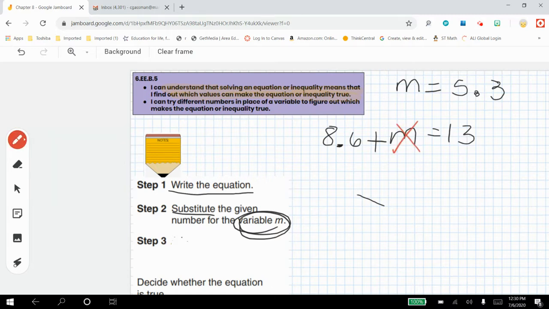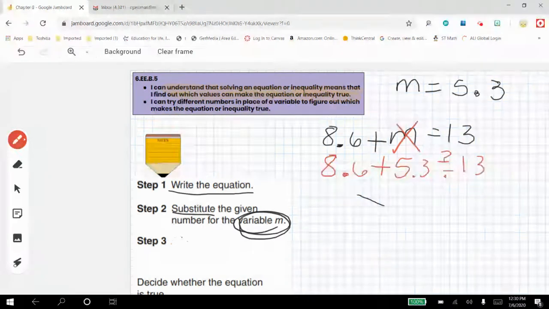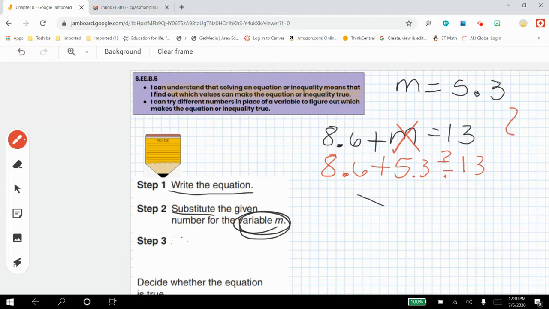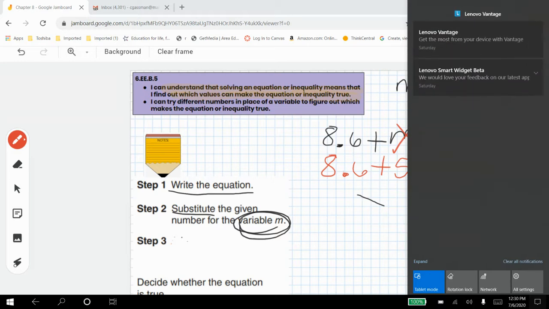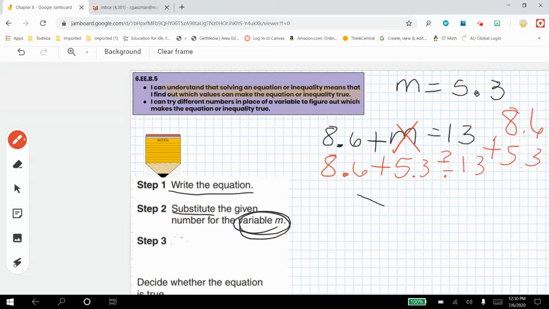Now I need to substitute for that m right here. I'm going to take 8.6 and add on 5.3, and I want to know, is this true? Are they equal or not? So I have to do the math. Let's take 8.6 plus 5.3, lining up my decimals, and we're going to add.